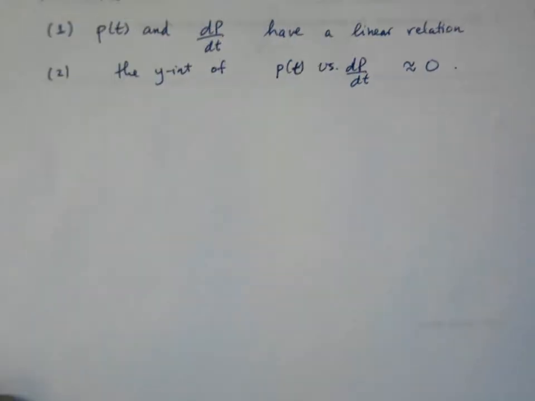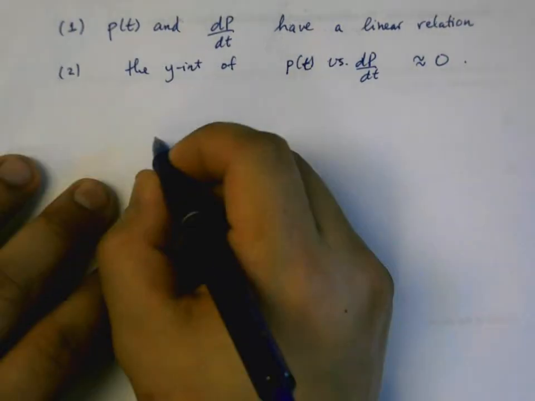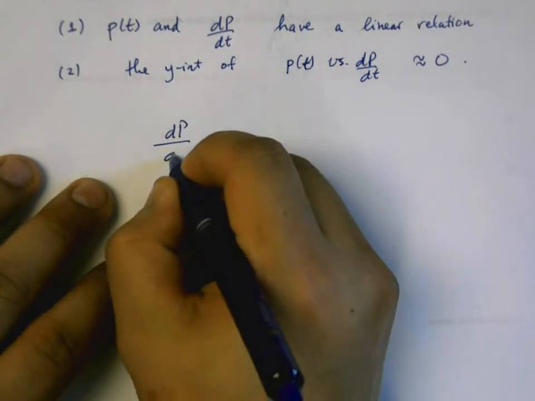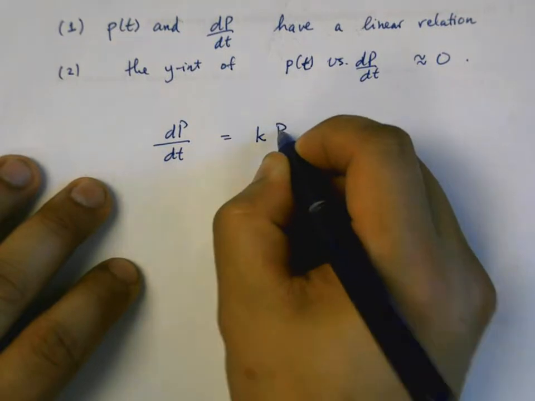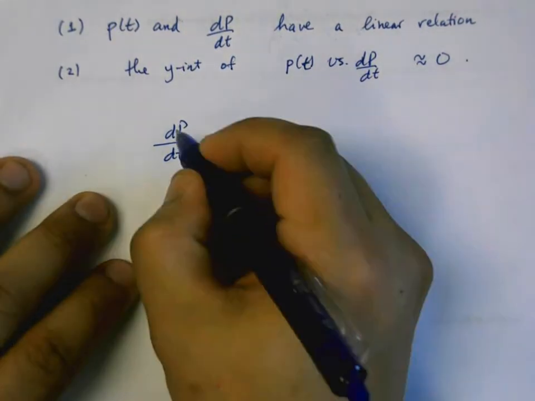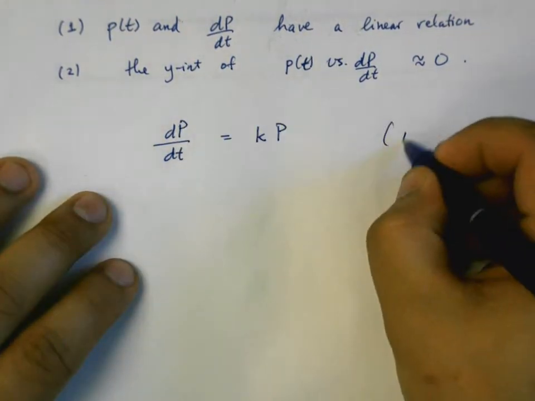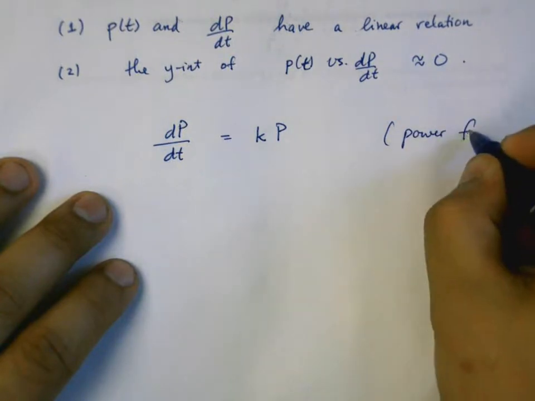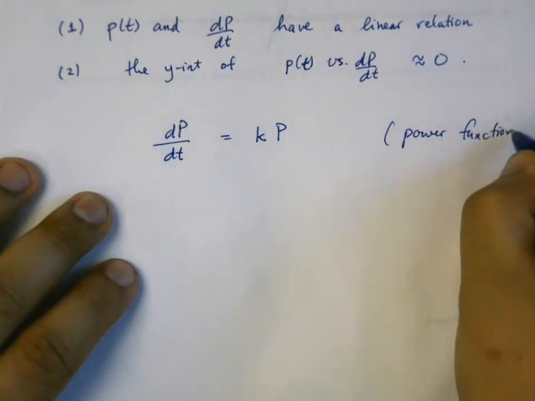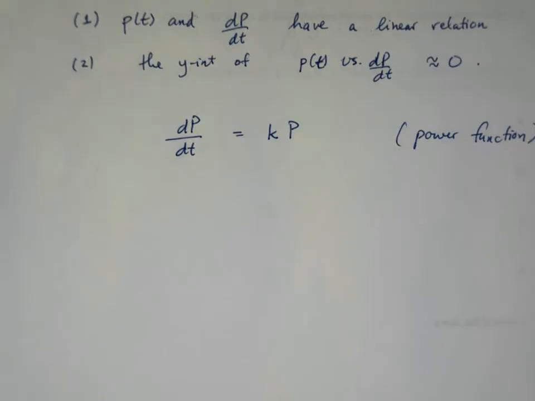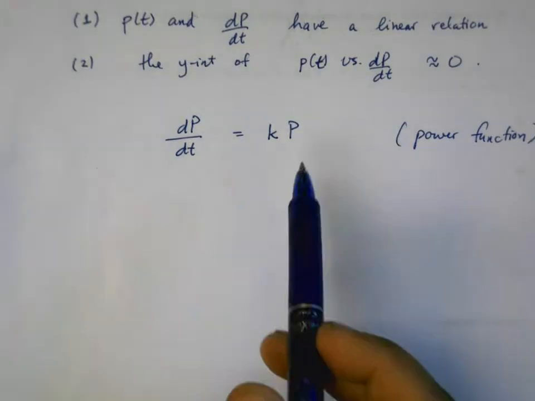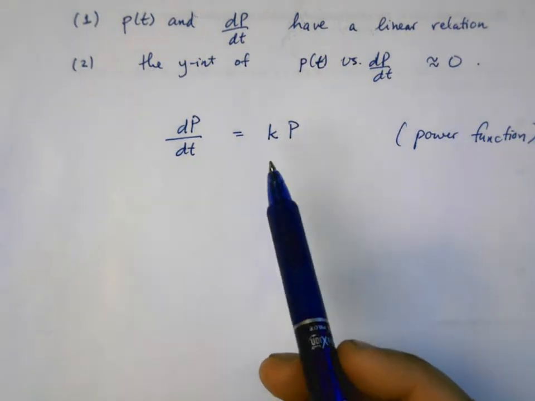So then what we can take away from here is that dP dt differs from P by a constant. Right? This is what we call a power function. In Algebra 2 or maybe in pre-calc, you learn what a power function was. So it's related to each other by the multiplier of a constant.